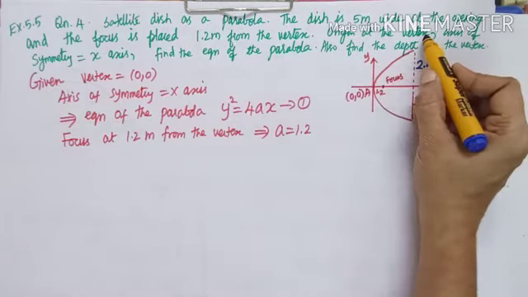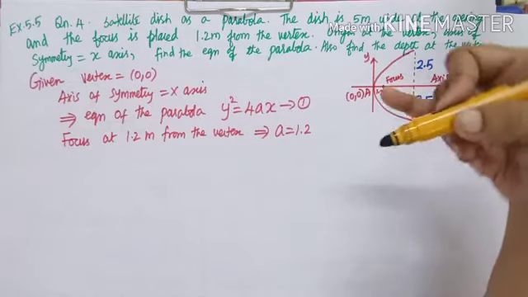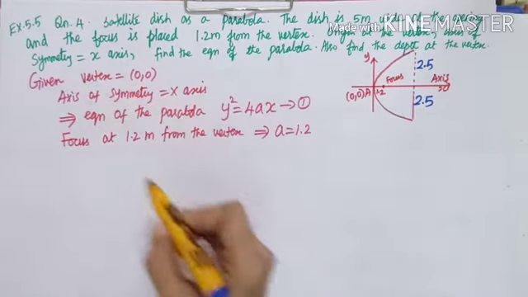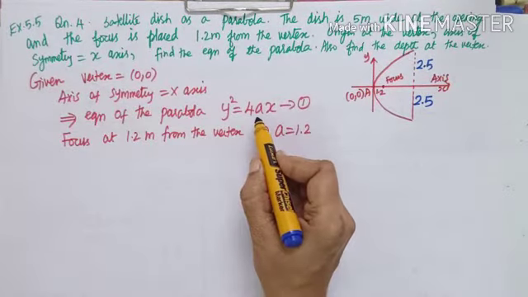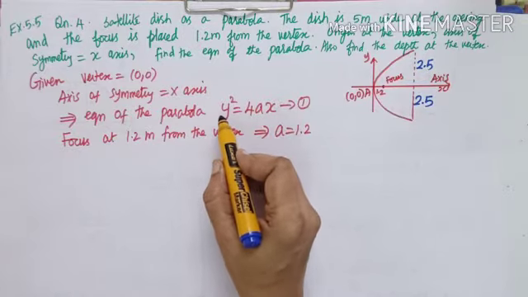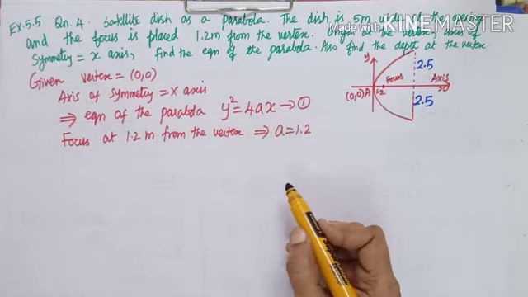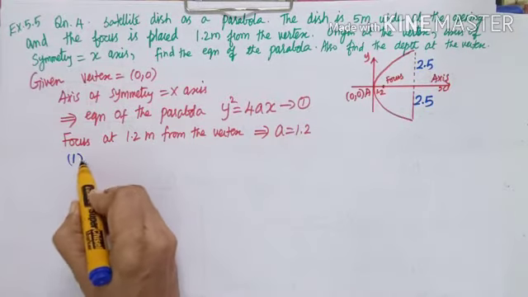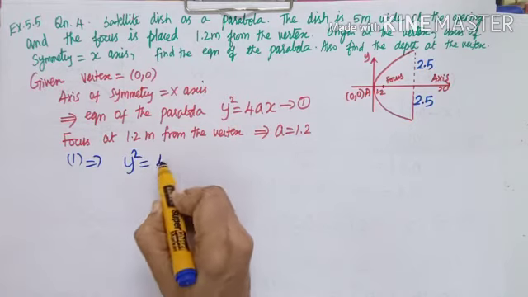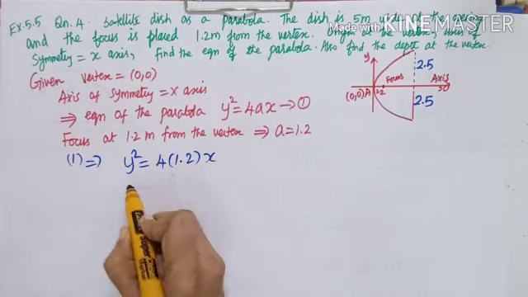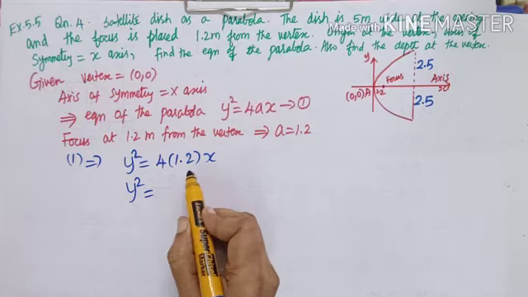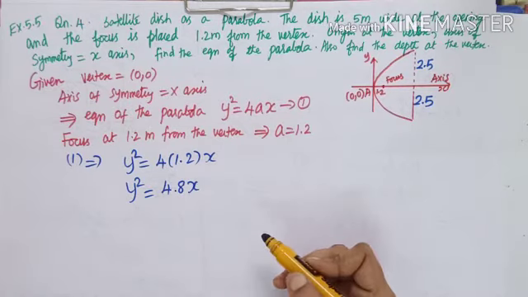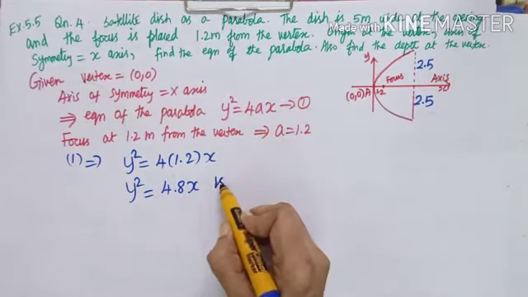Origin at the vertex, axis of symmetry, that which divides into two equal parts, that is x-axis. All this together tells me the equation is y square equal to 4ax. What is a actually? 1.2. So let us substitute. y square equals 4 into 1.2x, or y square equals 4.8x, the equation of the parabola.